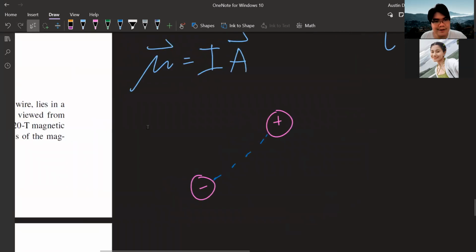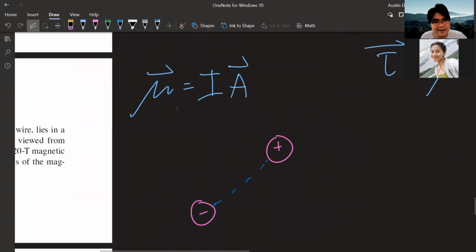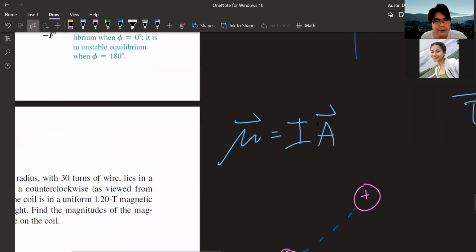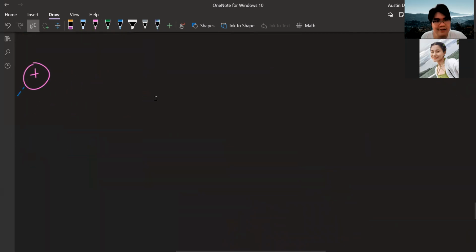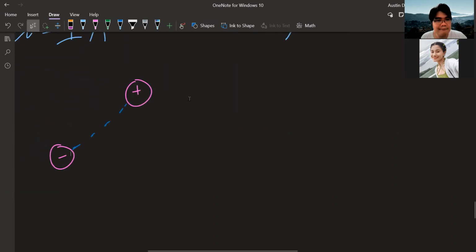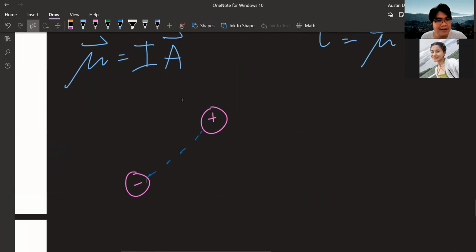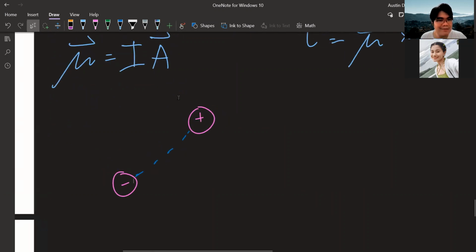But for magnetic currents, ang dipole ay current loop. Ang current loop. In a sense na sa chem, yung mga molecules natin, they can both be considered an electric dipole and a magnetic dipole.